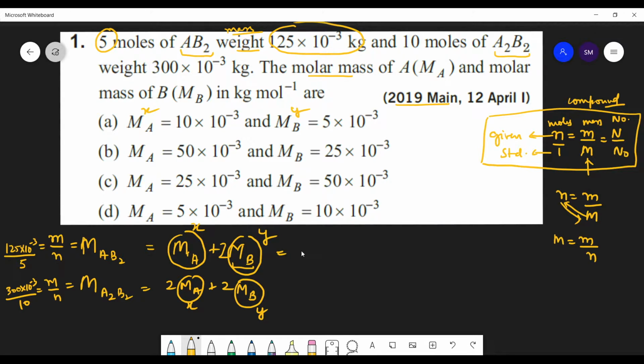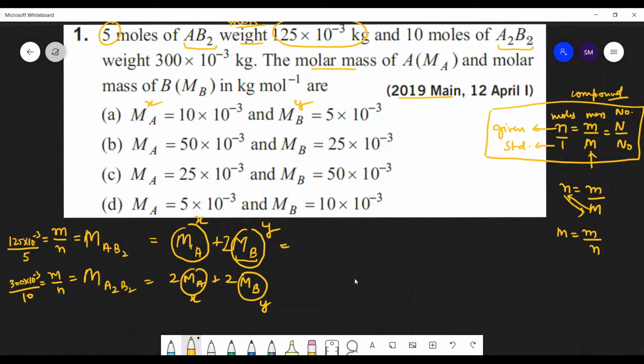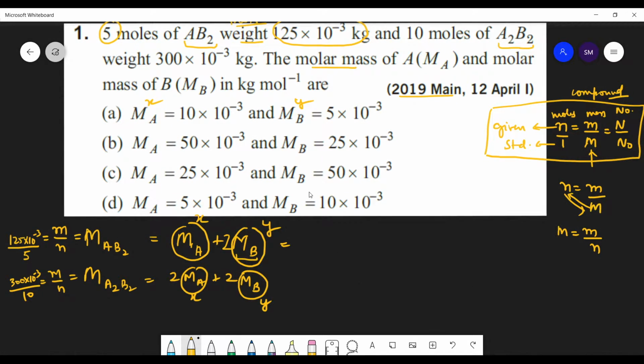So what do you get here? That's the same. 25 into 10 to the power minus 3. What will this be equal to, students? 30 into 10 to the power minus 3.